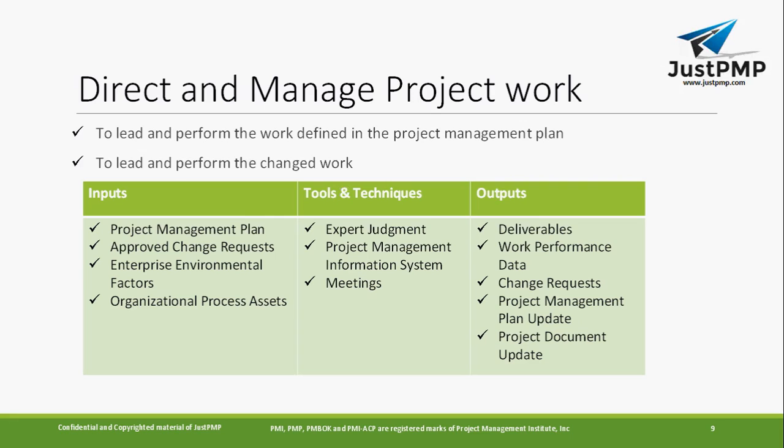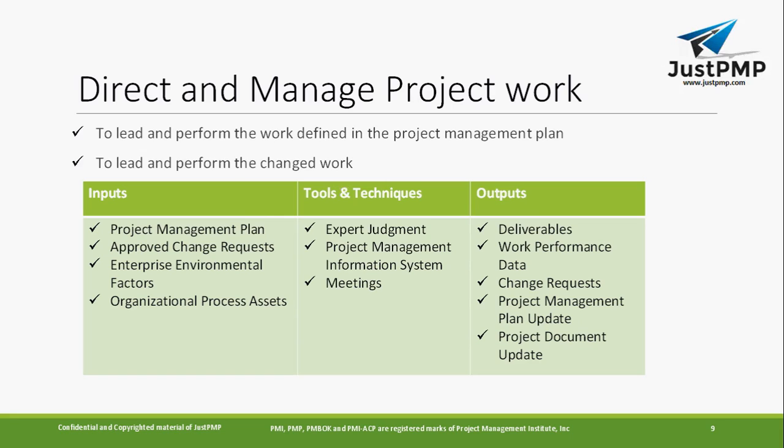Then you have enterprise environmental factors and organizational process assets. As I mentioned earlier, these are the two things that can basically be there in most of your processes. And concept-wise, yes, when you're working on a project, like you started building a new town, or a new hub mall, so you're in the execution phase, anything can affect a project, right?